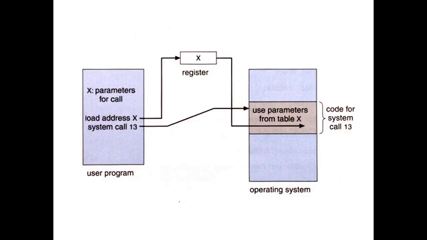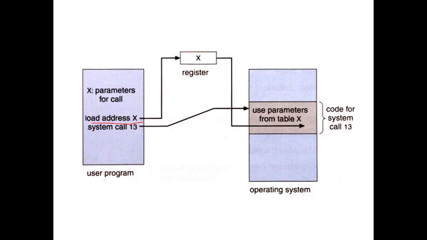You can see this diagram. Whenever the system call is called by the user program, even the address in the operating system where that system call is stored will be sent with the request.